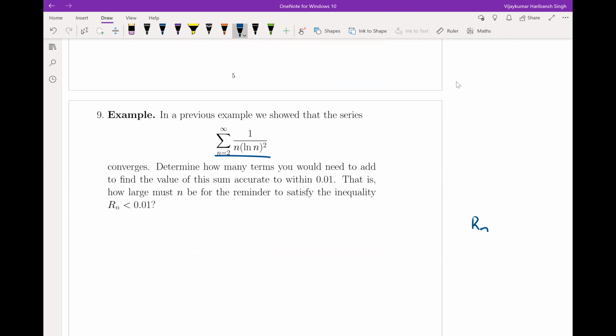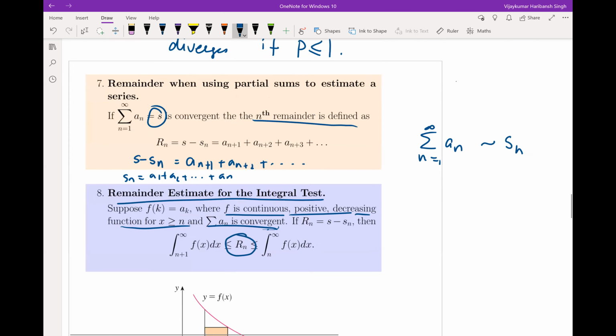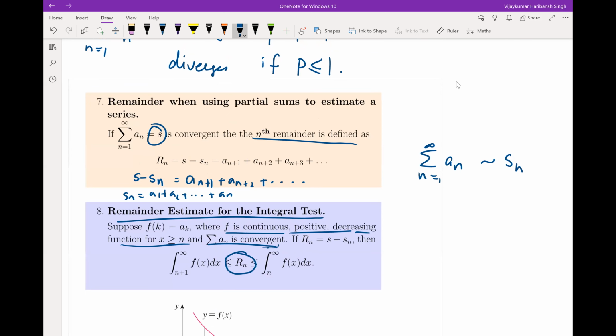So let's work on this. We want basically Rn to be less than 0.01. Actually, we generally want the absolute value of Rn to be less than 0.01. But note that this series is positive, because you are looking at a series with positive terms.